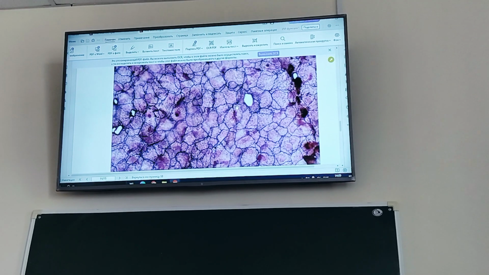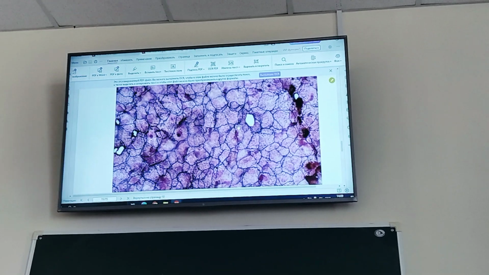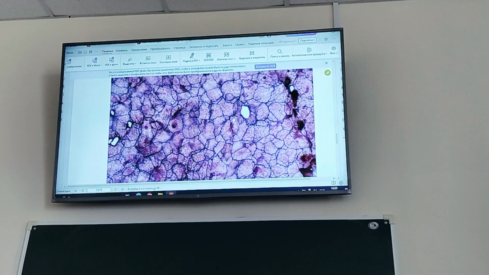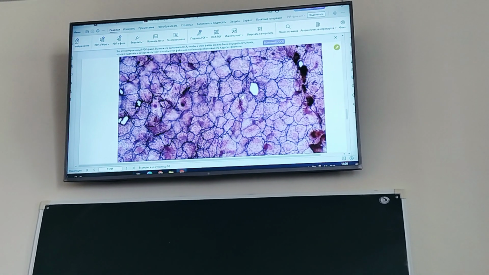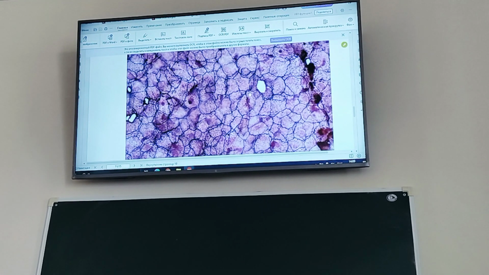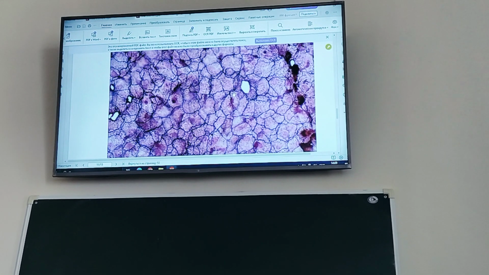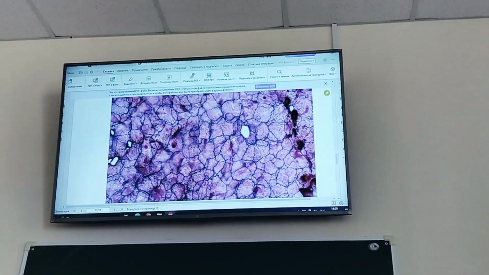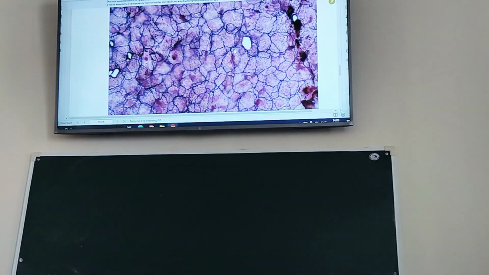What is this? Mesothelium. Once again, how to explain why mesothelium? First of all, the major morphological feature of any epithelium is a continuous layer. If you observe something that grows as a continuous layer with no spaces between the cells, no extracellular matrix, this is the major distinguishing feature of epithelium.